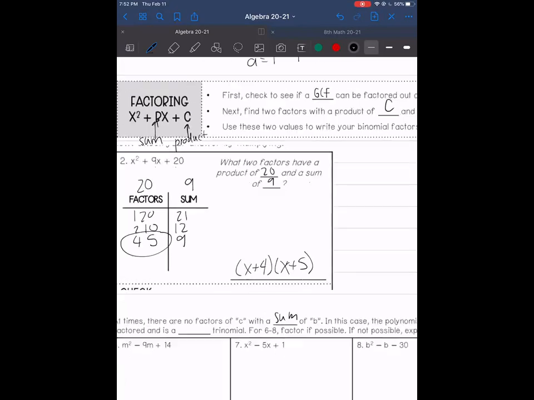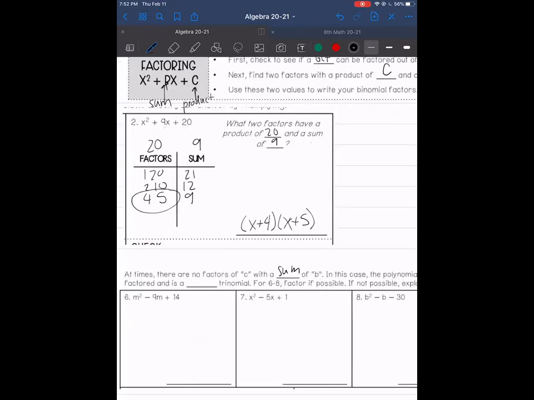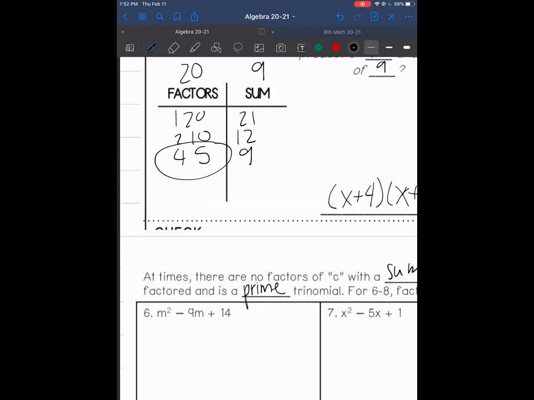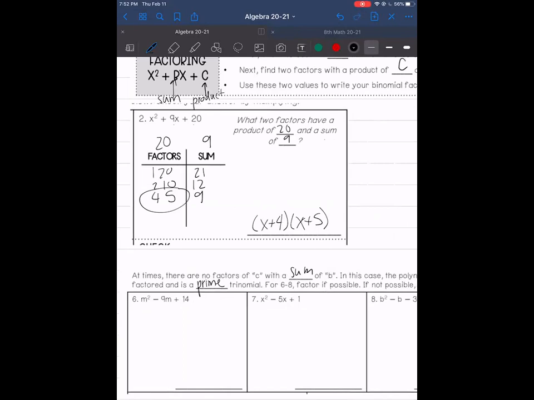And when that happens, the polynomial cannot be factored and is a prime trinomial. If you remember, prime numbers are the numbers that can only be multiplied to get there by 1 and itself, numbers like 2, 3, 5, 7. So it's kind of like that. It can't be factored anymore.